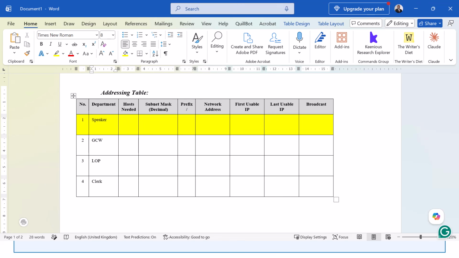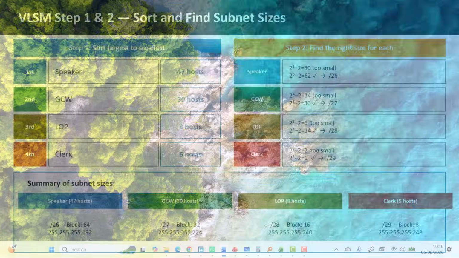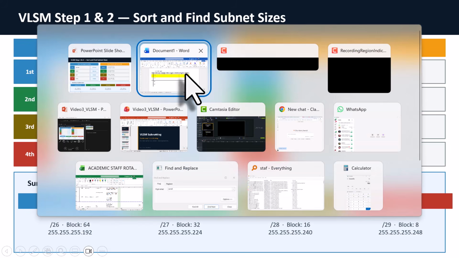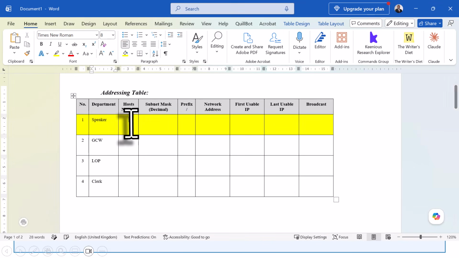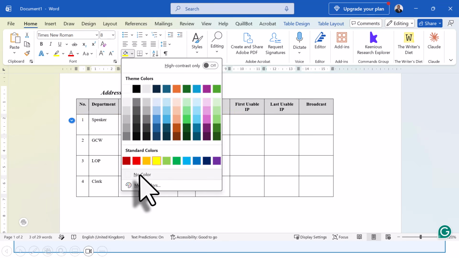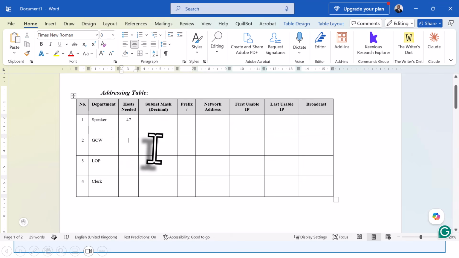When I look at our requirements here, the speaker's office needs 47 hosts. So I'll come back here and we'll write them here. It needs 47. And then the next one wanted 30.